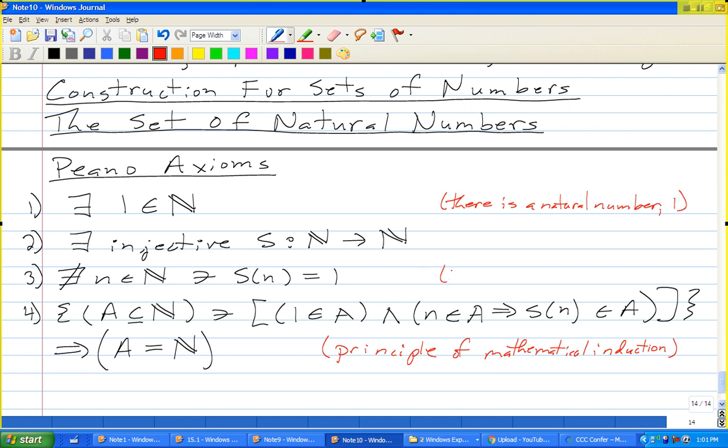This says that 1 is the smallest natural number. I haven't told you what big and small are yet.